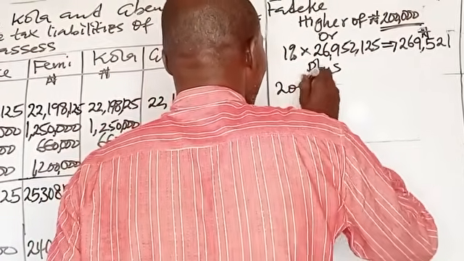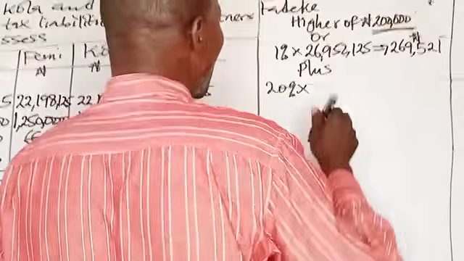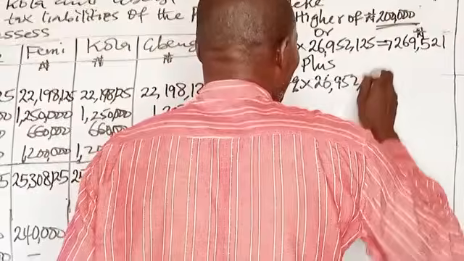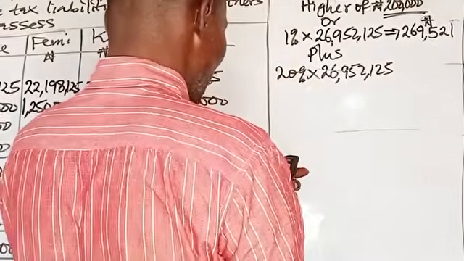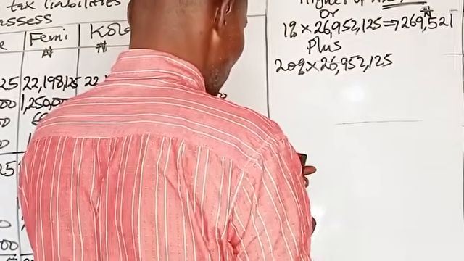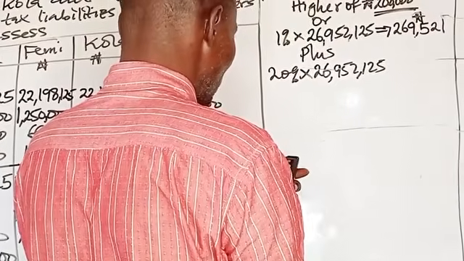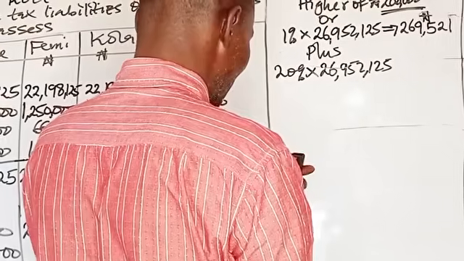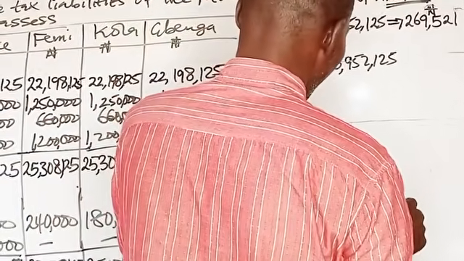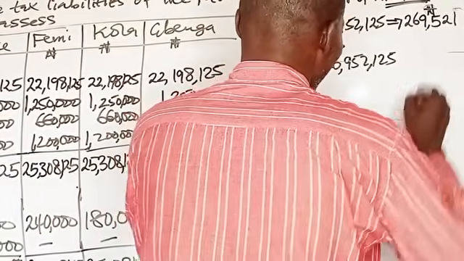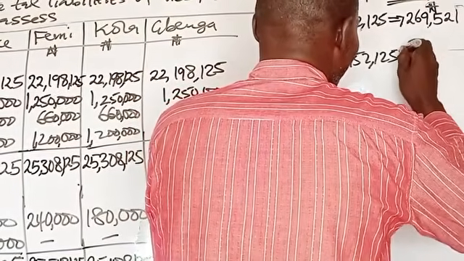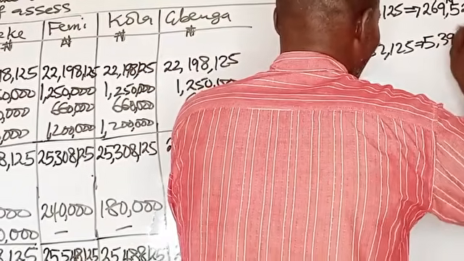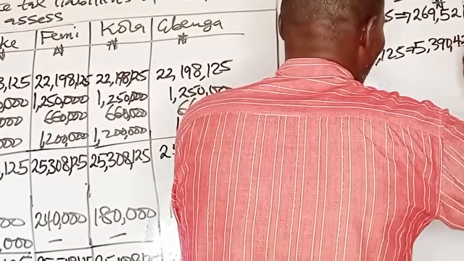plus 20% of gross income. The gross income of Fadeke is 26,952,125. 20% of that gives us 5,390,425.